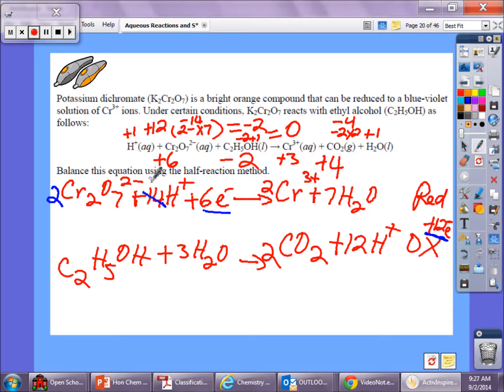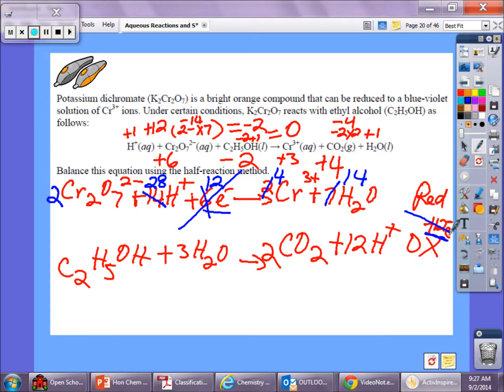This will be 28. This will be 4. This will be 14. Alright? Now I need to double this also. Cancel my electrons. I have 12 electrons gained here. I have 12 electrons lost.